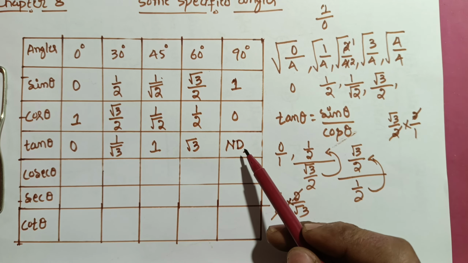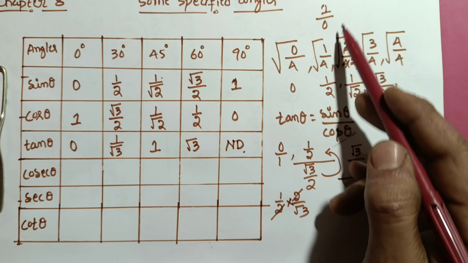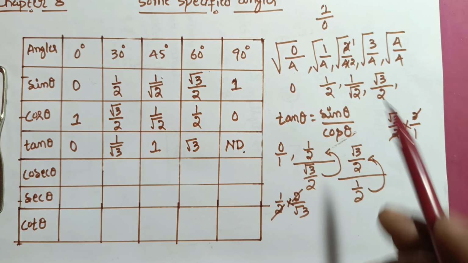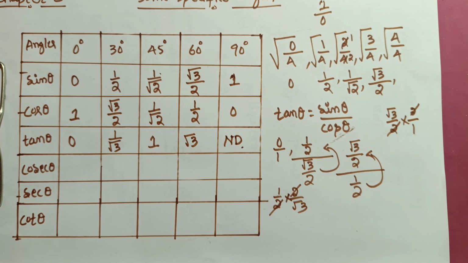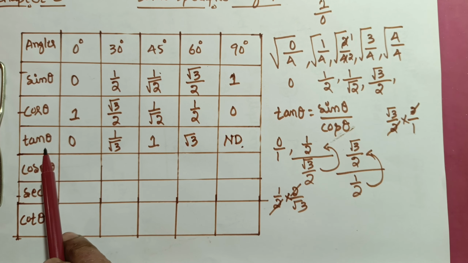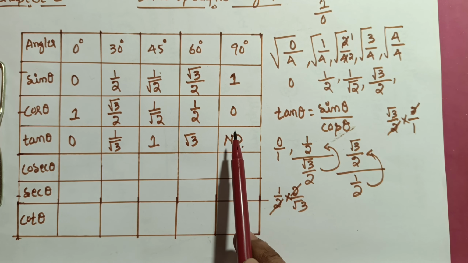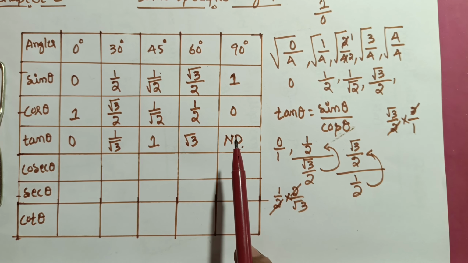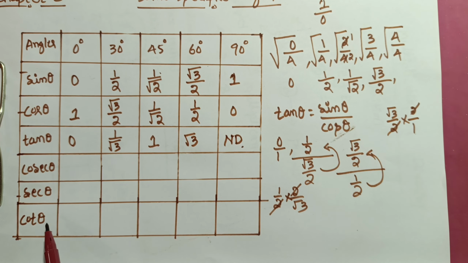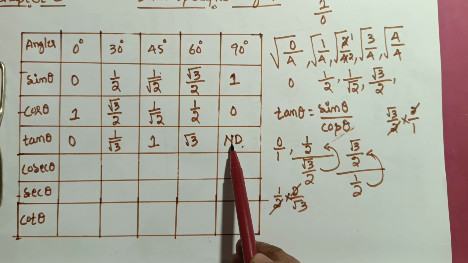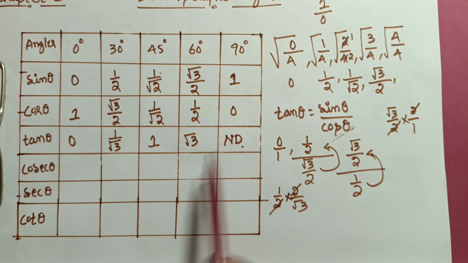So ND stands for "not defined", the term 0 by 1 which we cannot define. Now you have already written the tan theta values, so it would be very easy for us to write the cot theta values. It is simple, we just need to write this in the reverse direction.